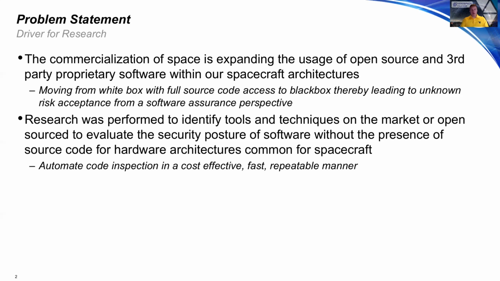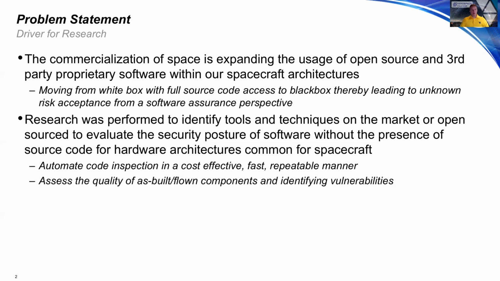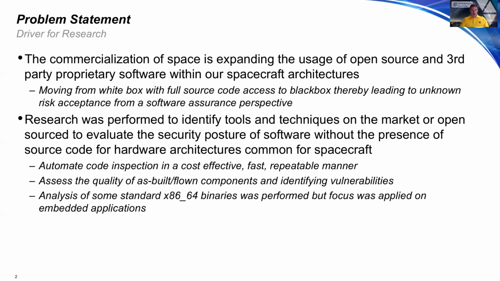So we wanted to figure out, could we automate this code inspection in a cost-effective, fast, and repeatable manner? Could we look into, even if we had the source code, maybe assess the quality of the as-built flown components? Because sometimes you may get compilers that put in weaknesses. And we did focus on embedded applications and embedded architectures, but we did look into some of the more standard x86-64 binaries, because that is a problem area as well, especially for ground systems.